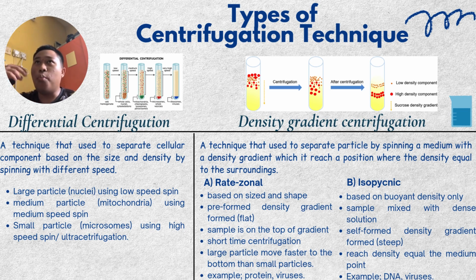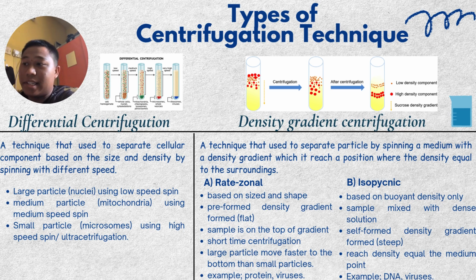So small particles have low density and large particles have large density. The small particles will move to the top of the gradient, and the large particles will move to the bottom of the gradient.